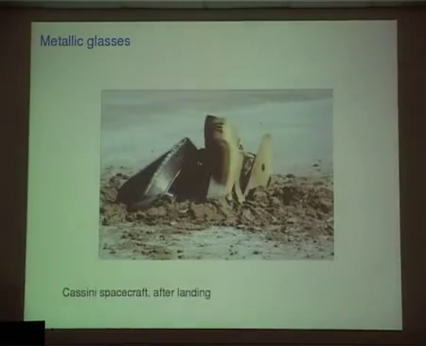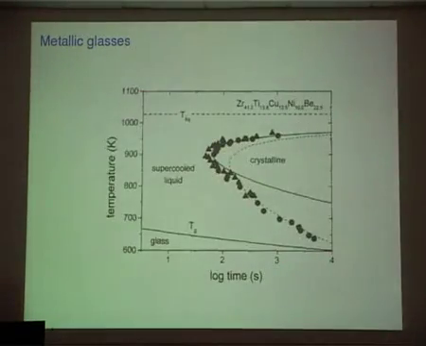So just for those of you, okay, that's my one slide on nucleation. So what is a metallic glass? Metallic glasses are very, very complicated compounds of metals. And the reason why they are complicated is to be able to have something that, in the TTT diagram, will not crystallize over reasonable timescales.